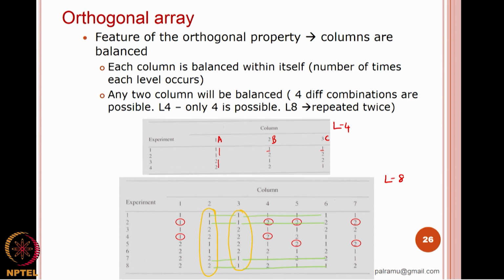Does this give some information to you? What did we discuss about levels? Not all levels are there, they are fixed in some levels, they are not fixed in some levels. Like we did for the full factorial one, where we did 4 experiments, A1, B1, C1, A1, B2, C1, let's say.